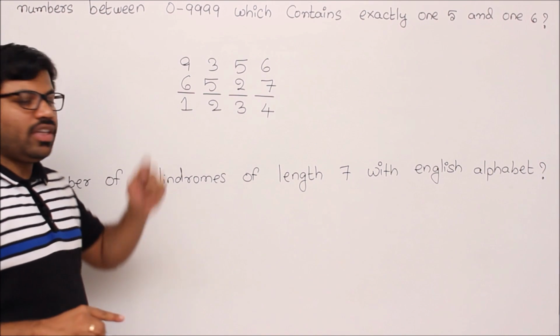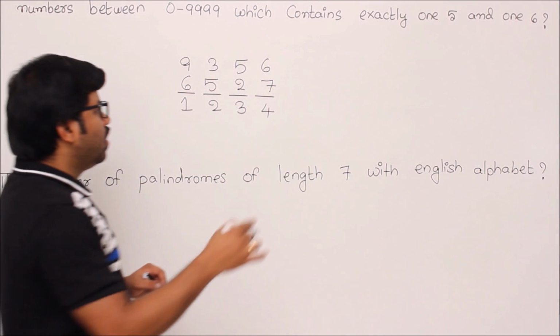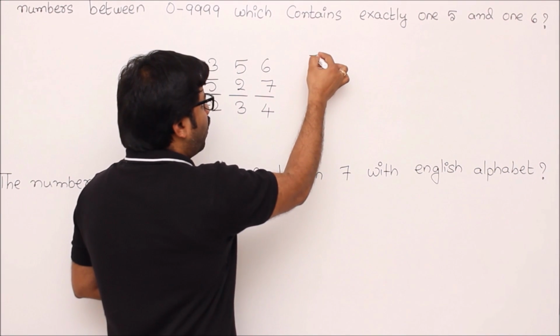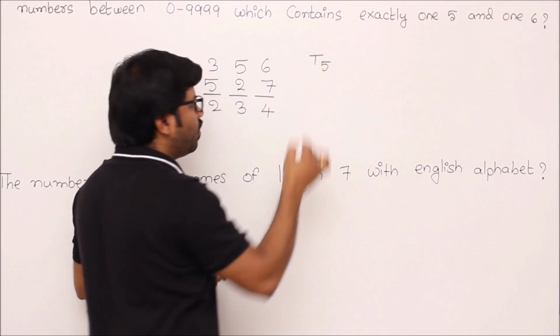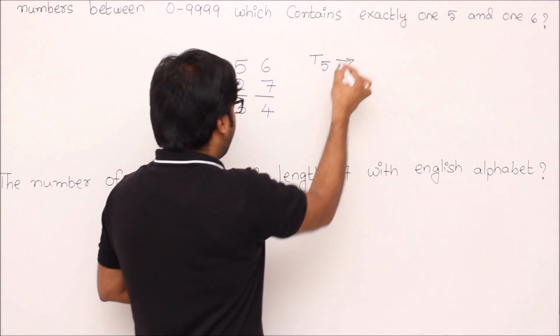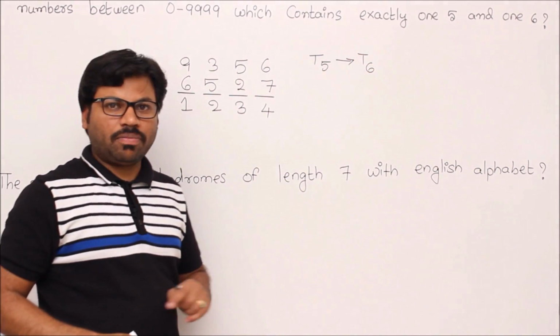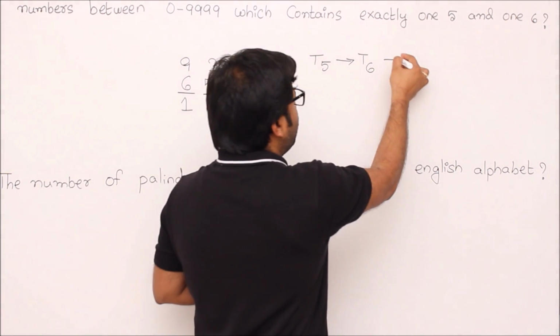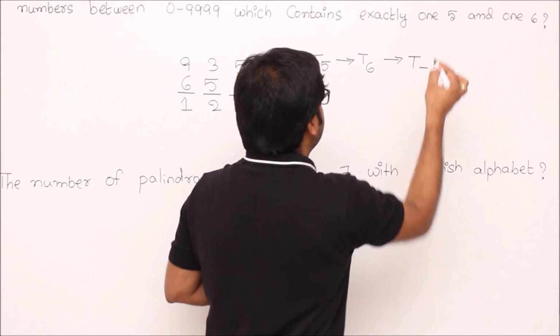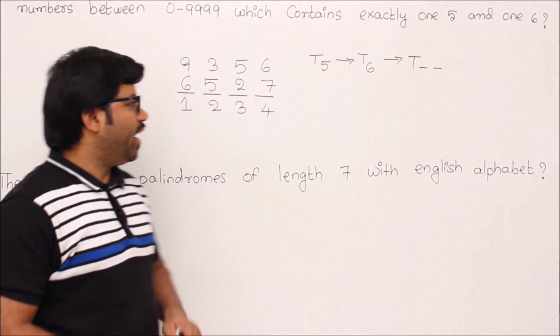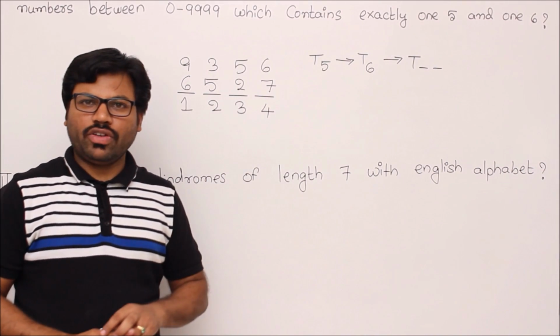Then while observing the solutions, I realized that I should write some 5 somewhere, followed by writing 6 somewhere in the remaining positions, of course, and I have to fill the remaining 2 positions. Whenever I do that, I end up with one possible solution.